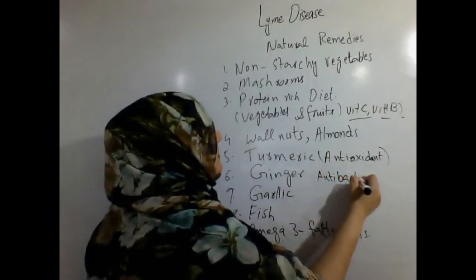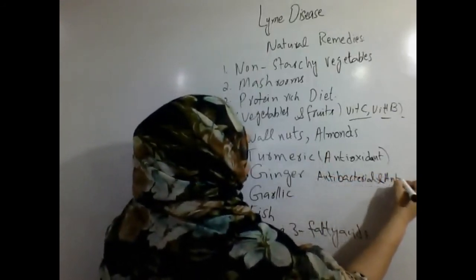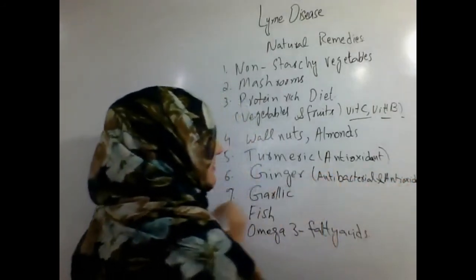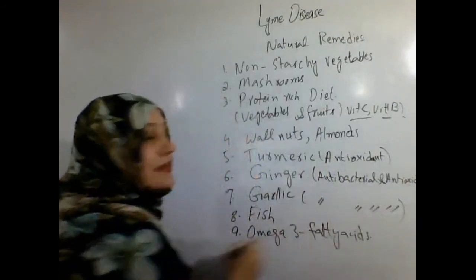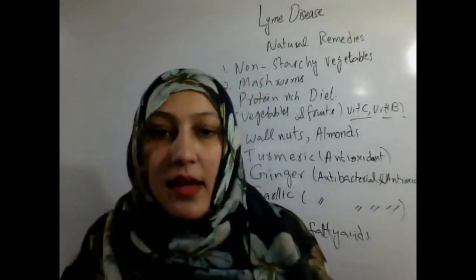Antibacterial and antioxidant activity is also present in the ginger and garlic. So this is very much effective against the Lyme disease.